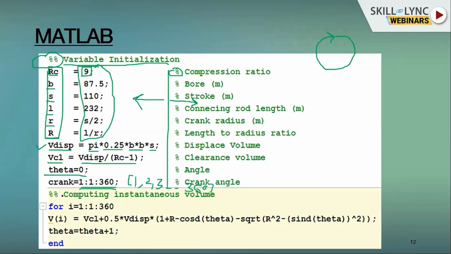Now this is the loop. Don't worry about these things. Again I am saying, we are just going through a glance. For loop, similarly to what you may have read in C or C++, means I am going to compute the statement inside it from 1 to 360, that is 360 times.